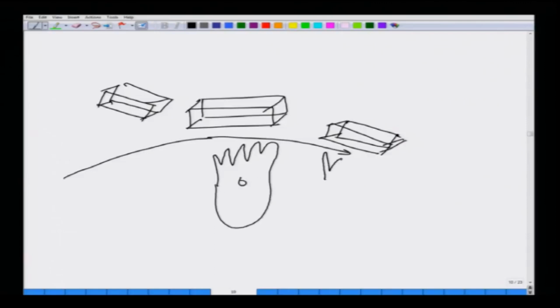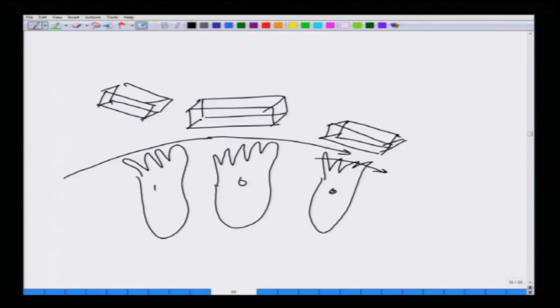Now, you can understand these cells will tend to move like this, or like this, depending on the position of those small nano cubes which are present there.